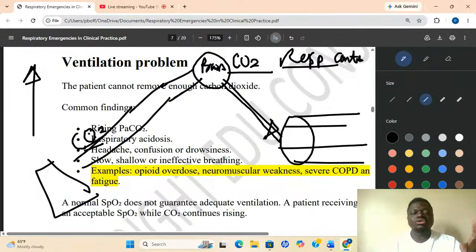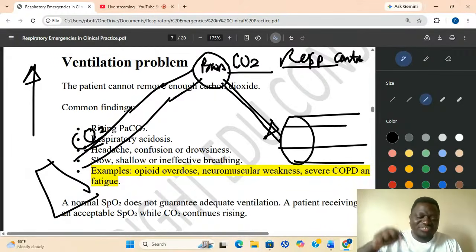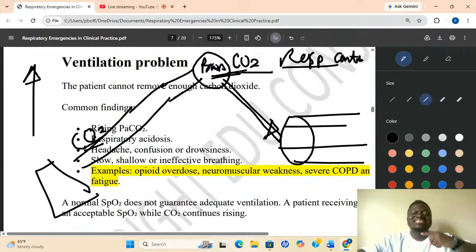In COPD, or let me say it this way, if the brain keeps getting higher CO2 every minute, every second, what will it do? It will now compensate. It seems the body is trying to depend on what? CO2.